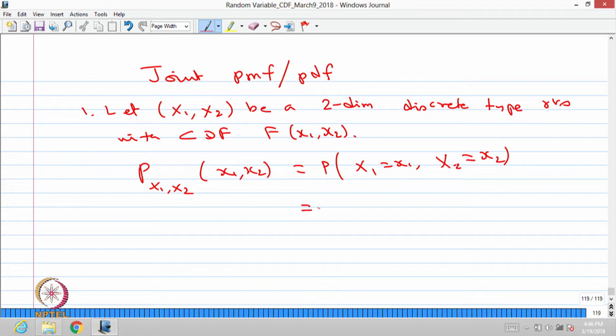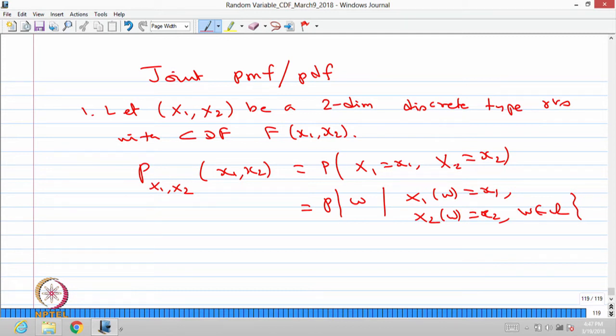Put together, that is the probability of x1 takes a value small x1, x2 takes a value small x2. This is nothing but the P of collection of W such that x1 of W is equal to x1 and x2 of W is equal to x2 and W belonging to omega. That means this is an event, a collection of possible outcomes satisfying this event. So, P of this event is the probability of the event satisfying this condition.